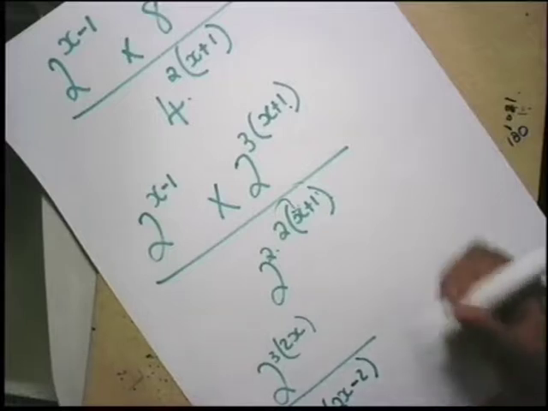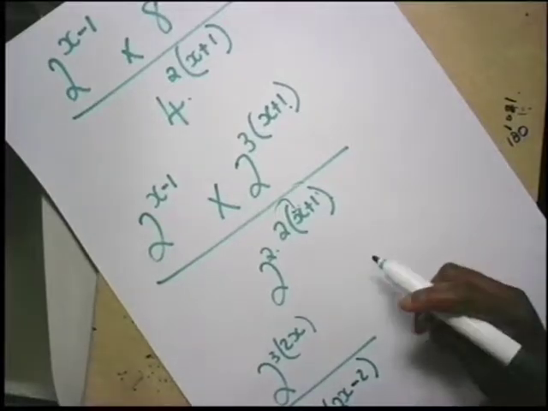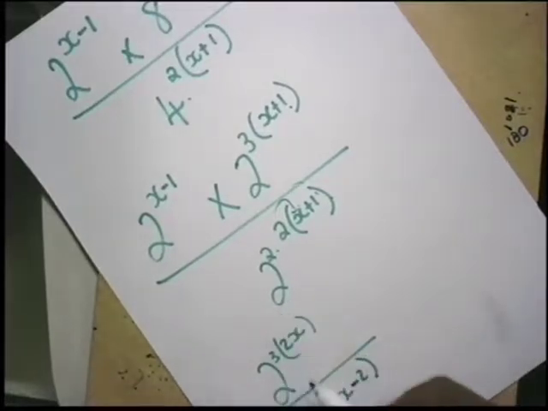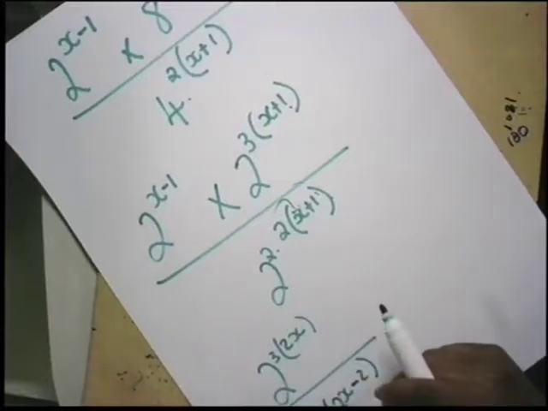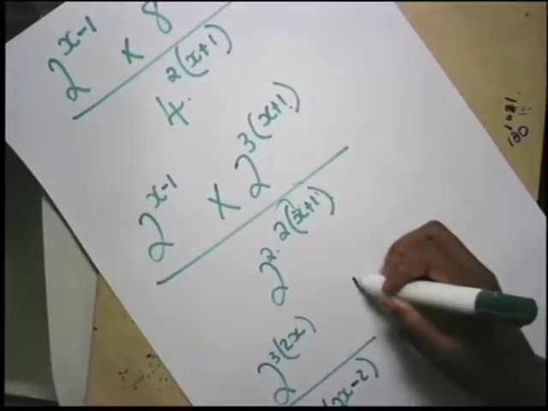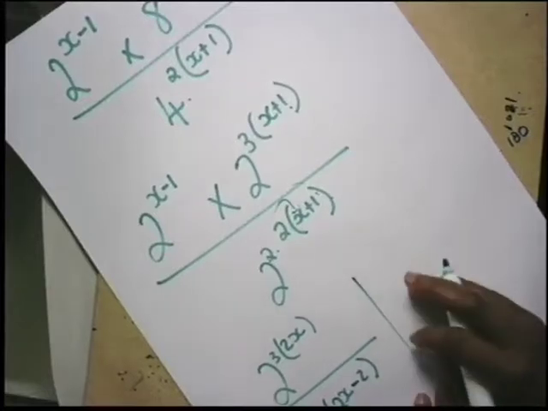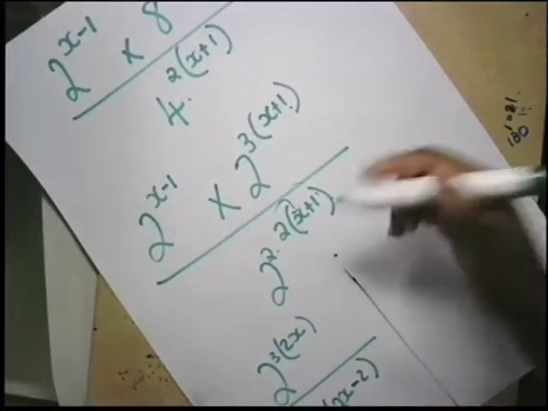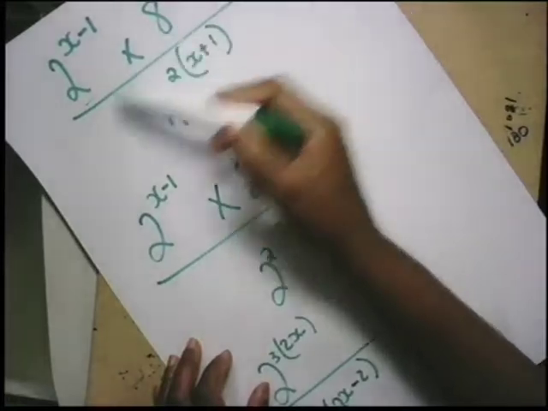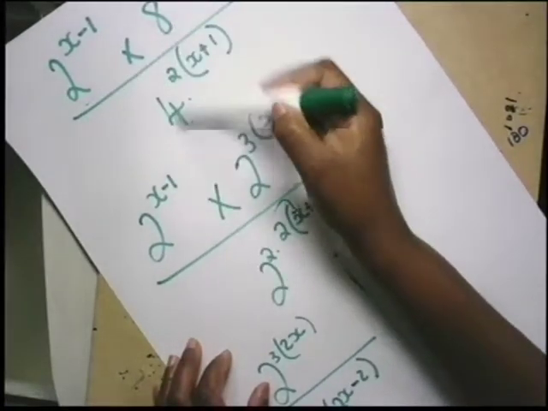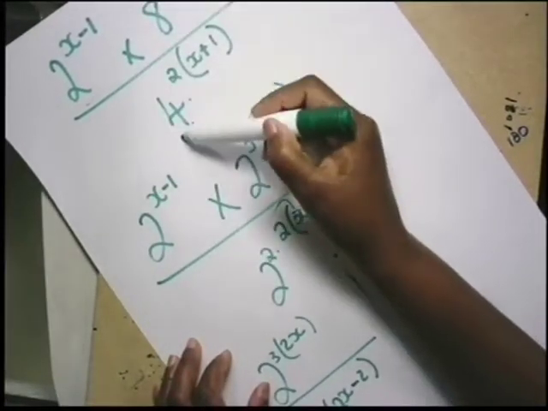Then from there we come to division. How do we divide? When the bases are the same, you subtract the indices. Because of time we might not go up to there, but you know that when you are multiplying or dividing indices, make sure that your bases are the same.